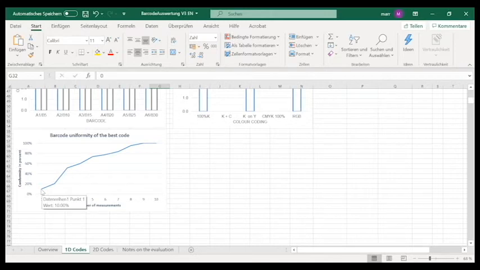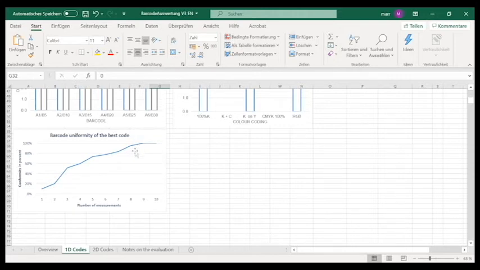Only 10% of the measurements are close to the overall symbol grade. Then if we summarize two measurements with each other and compare it to the overall symbol grade, already 20% are near to the overall symbol grade, then 51, and go on until 10 measurements, always 100%.